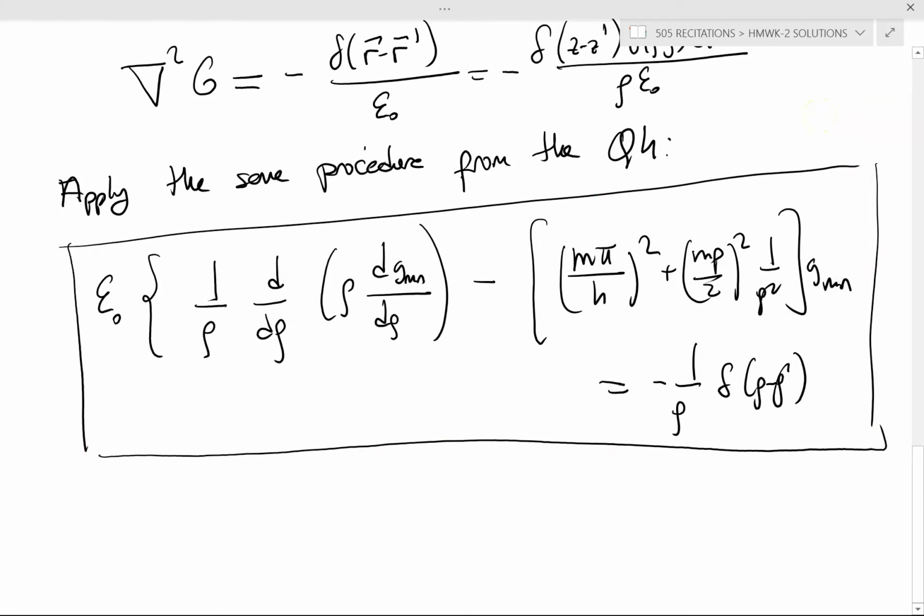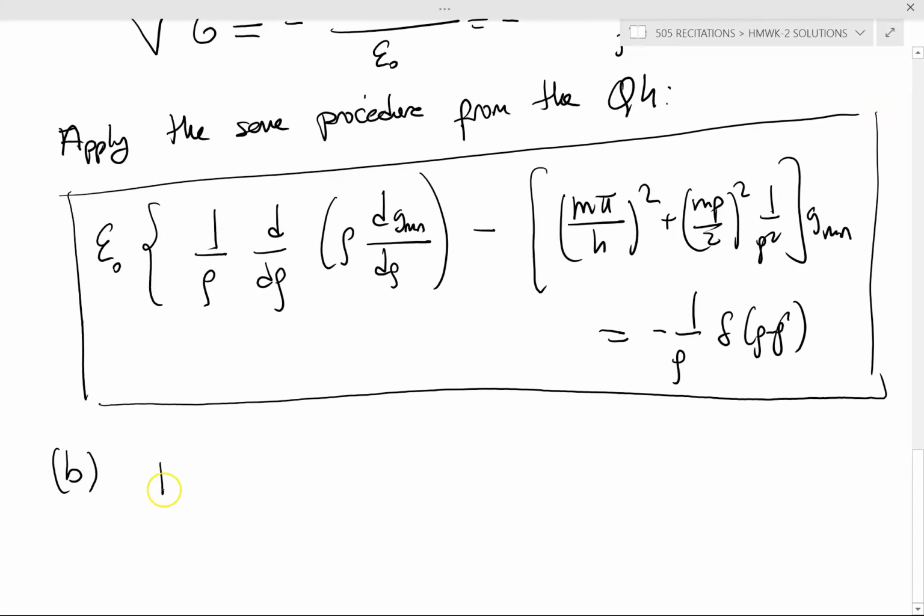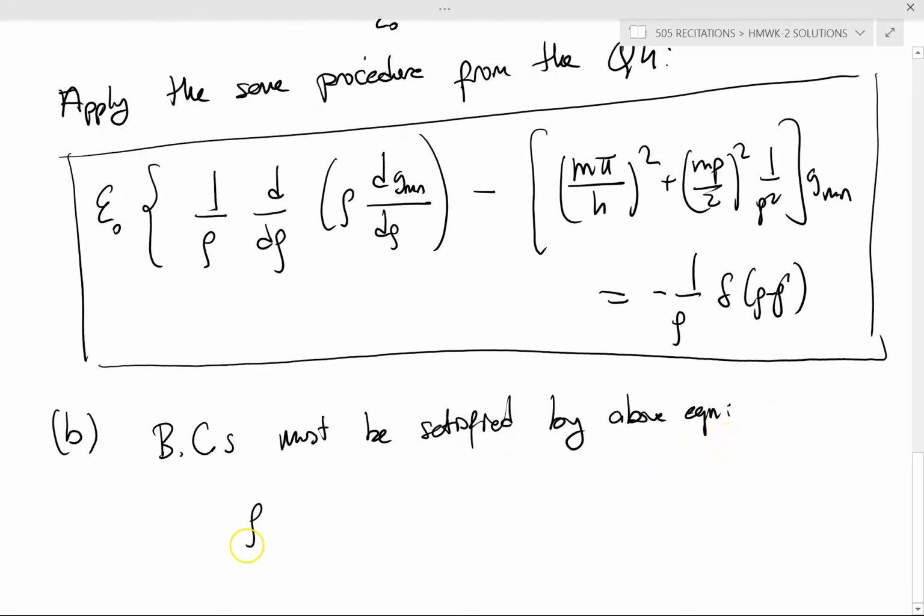But instead of solving this, I will just be writing down the boundary conditions that must be satisfied by the above equation. Which is, as rho is smaller than rho prime, g mn goes to 0, rho prime must go to 0.